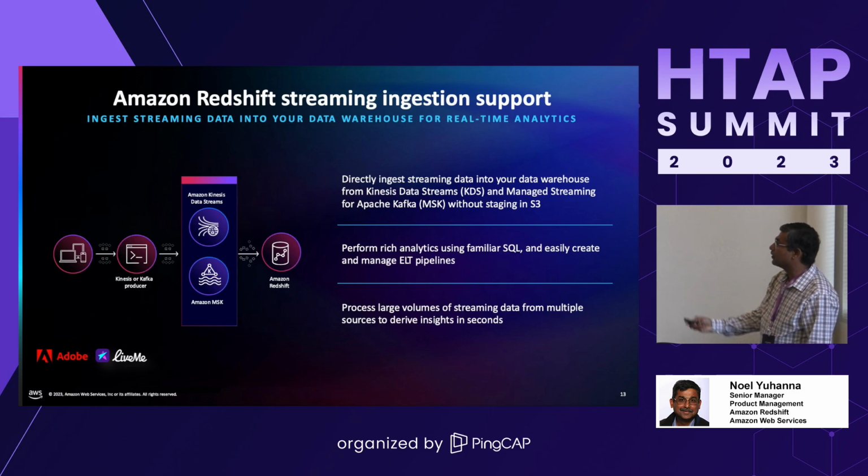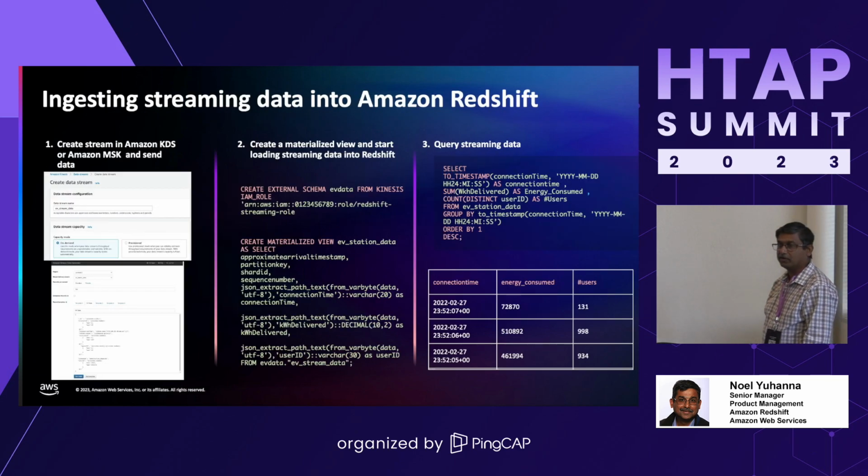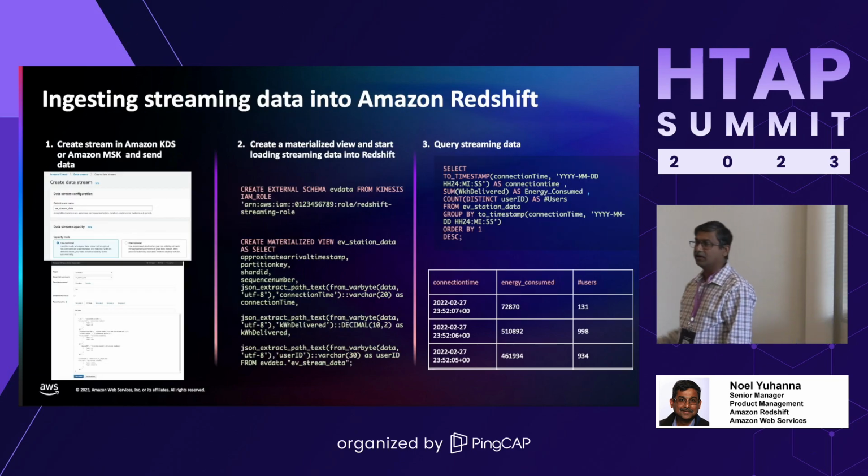Lots of customers are using this, and it's very easy to configure. It's the same zero-ETL principle. You go and create your data stream in Kinesis, then you create a materialized view on top of the streaming, and then you can query that directly.